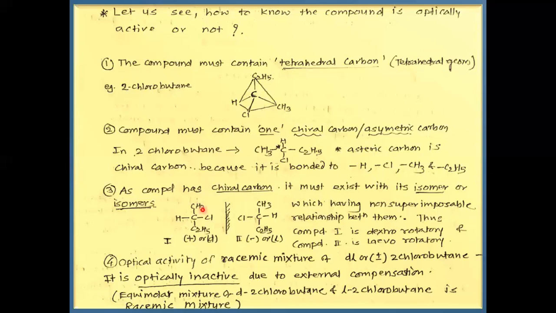They should not be superimposable with each other. And third point, one rotates the PPL in the clockwise direction, meaning it is dextrorotatory. Then obviously the second structure, its mirror image, rotates the PPL in the anti-clockwise direction.